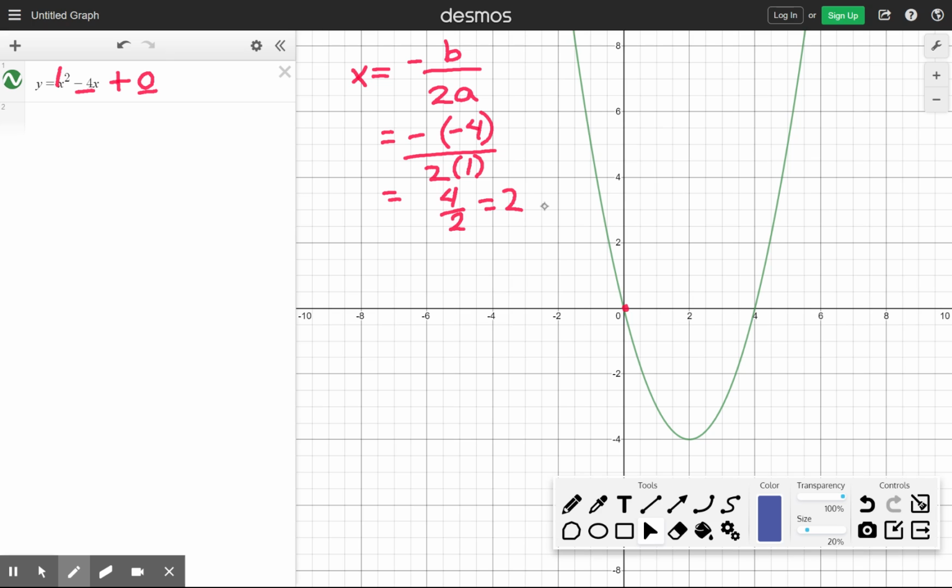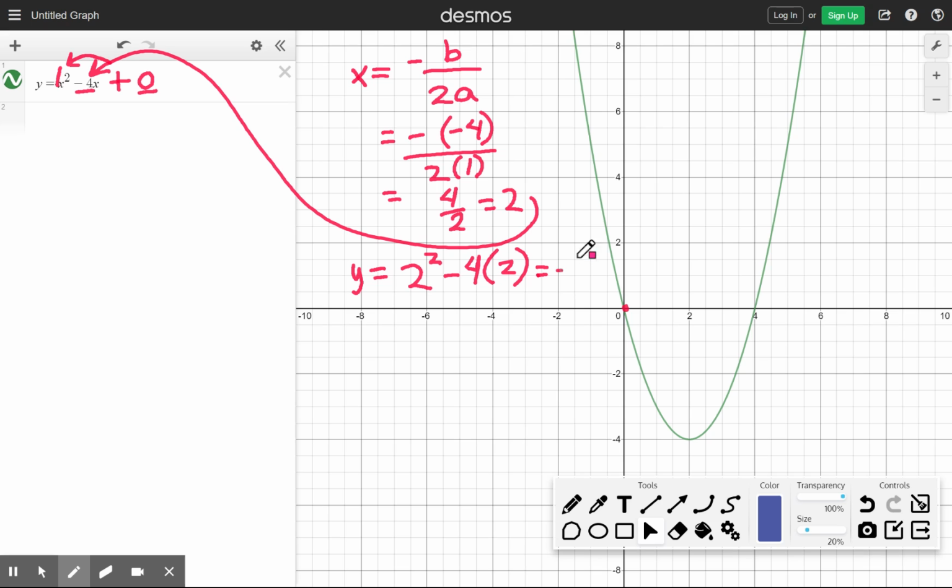But now to find the y-coordinate of the vertex, we need to take that 2 and plug it back in for all of the x's in the equation so we can solve for y. So we'll have y is equal to 2 squared minus 4 times 2, which is 4 minus 8, in other words, negative 4.